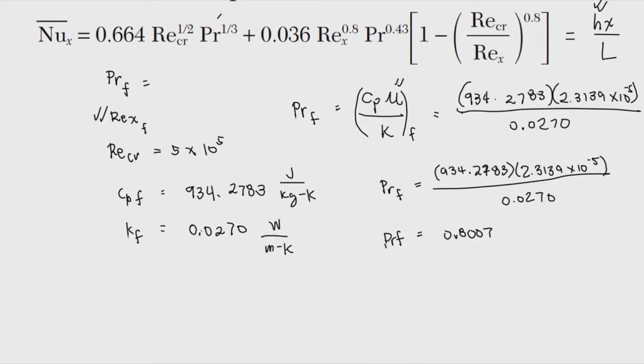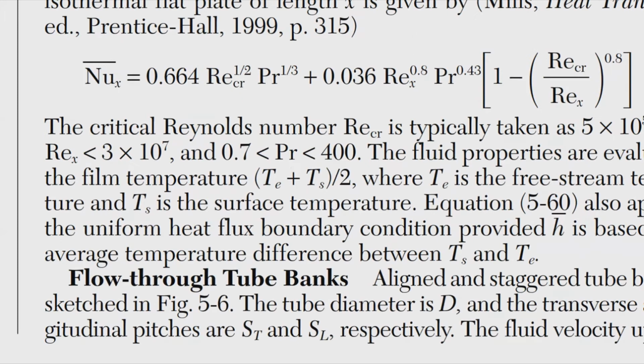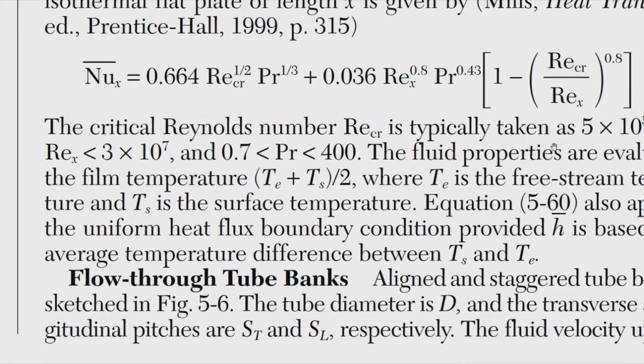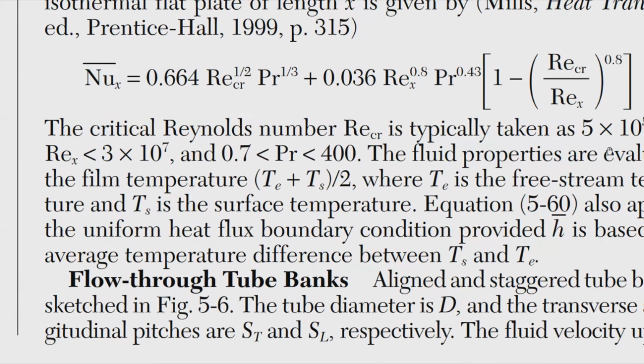But before that, let's just head over this portion here at the Paris Handbook, which is just below the equation. It says here that this equation is only applicable when the Reynolds number that you have obtained for the problem is greater than the critical but less than 3 times 10 to the 7.